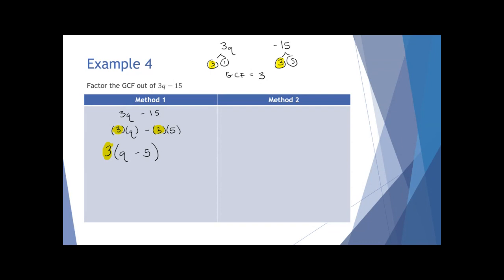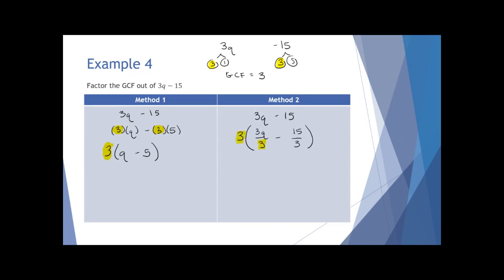Method 2, my method, here's what I would do. So I have 3q minus 15. And then my next step is to put the GCF in front, and then to take each term and write it over the GCF. So I'm going to just highlight.